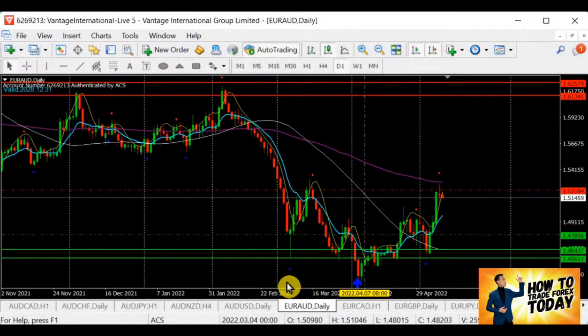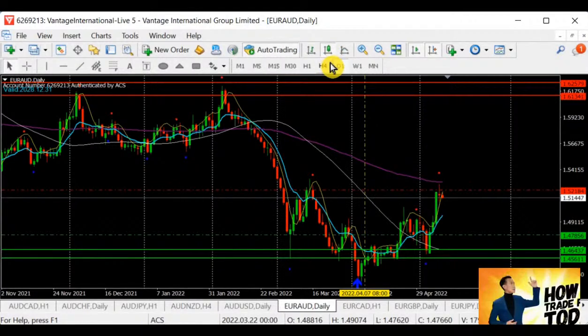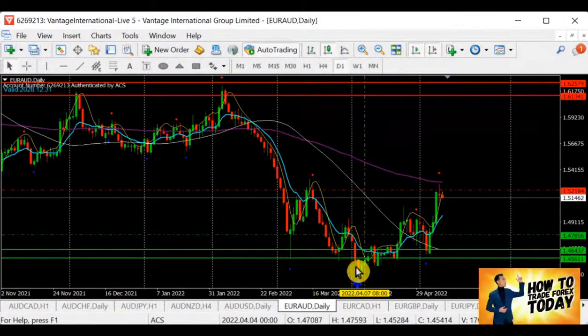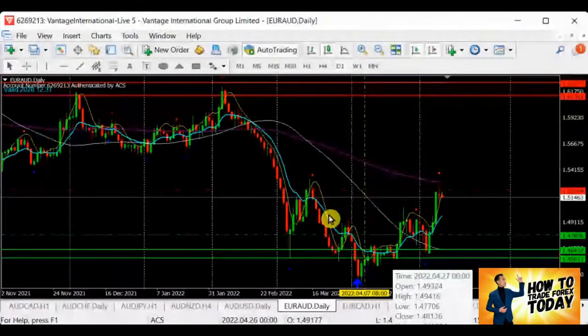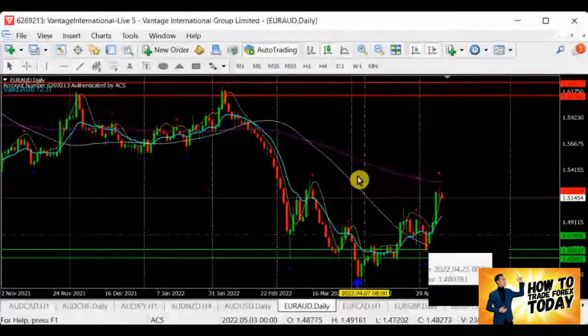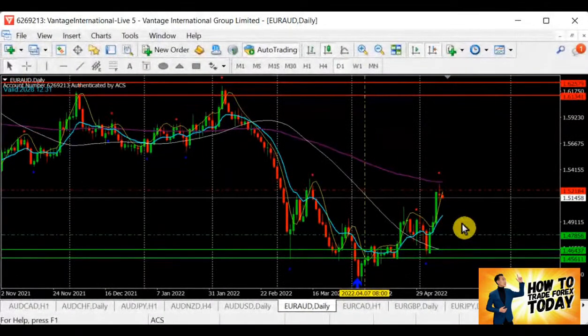Okay, so over here, Euro Aussie right now. We are actually going from the bear, coming into the bull market, into the transition, and now it hits onto the door. I would say that Euro Aussie is still quite struggling.